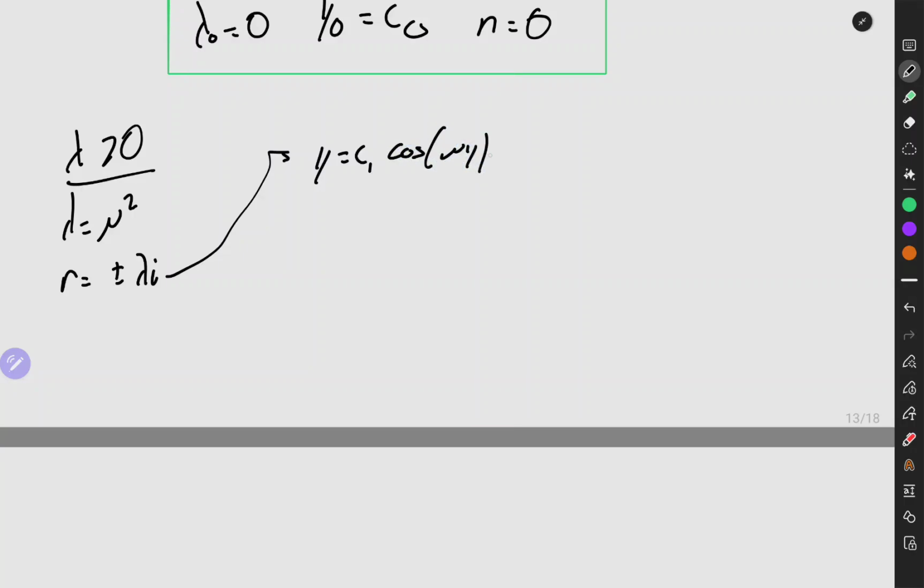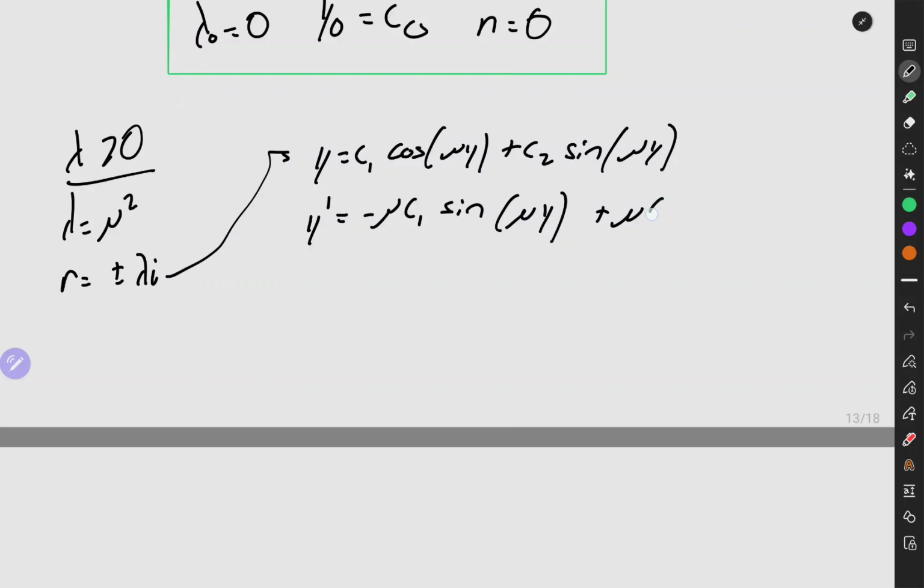Y equals C1 cosine mu y plus C2 sine mu y. We have Y prime is equal to negative mu C1 sine mu y plus mu C2 cosine mu y.